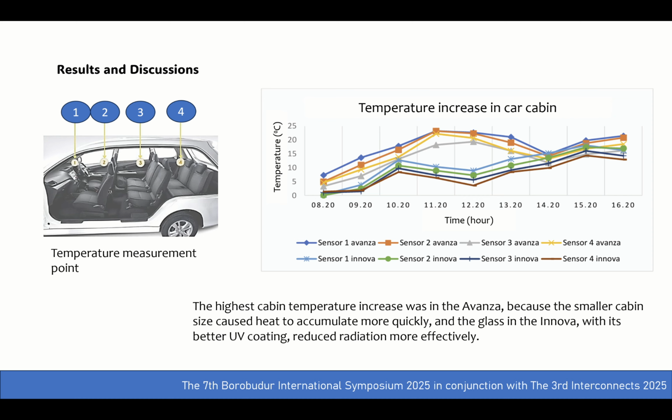How about dimension B, the Innova? In the Innova, the temperature rise is also at 10:20, and then it decreases and increases from 13:12 until 16:12.